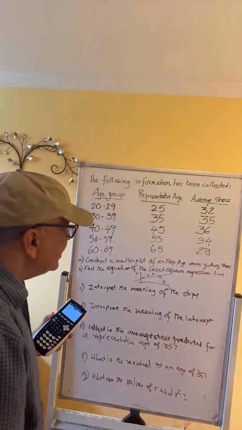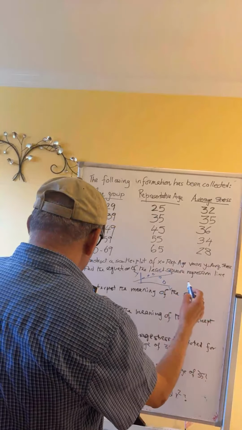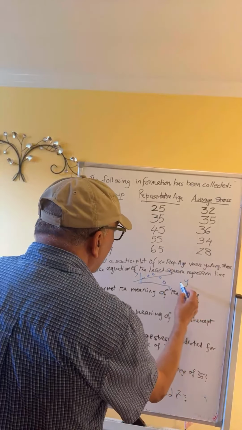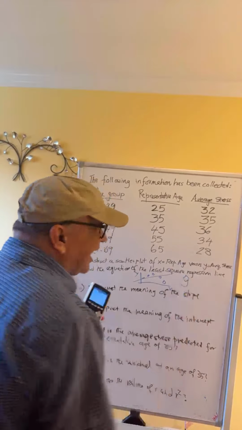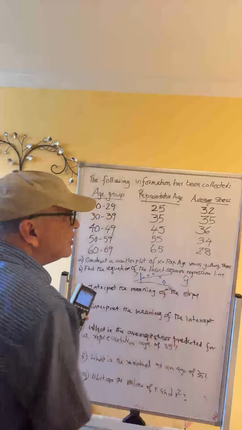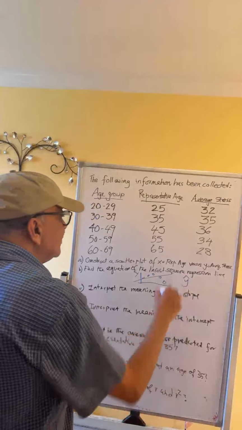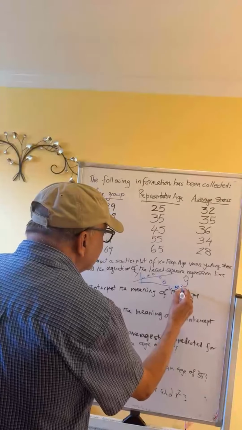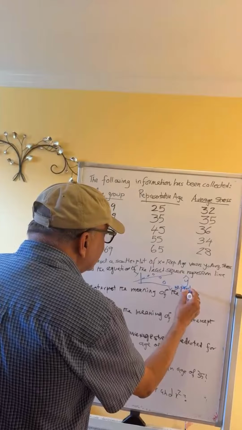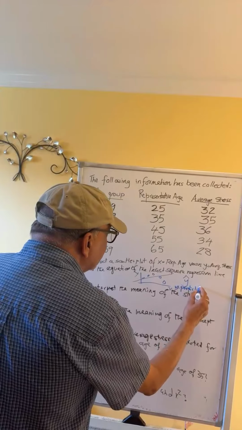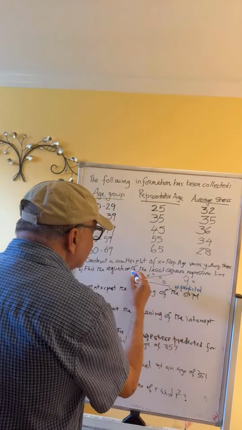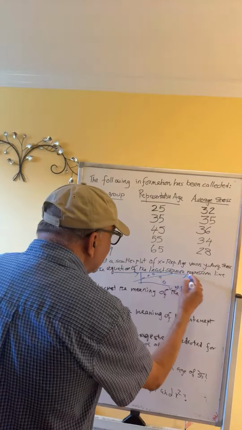The equation of the line is given as y. The calculator does not give this cap on top of it. This means y predicted. This is the actual way to write the equation of the line. This is the equation of the least square regression line.